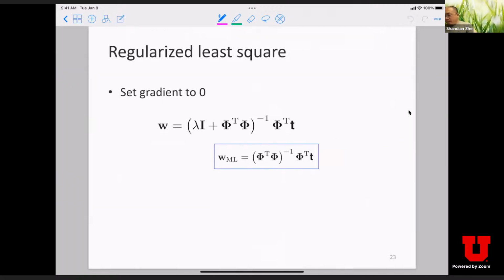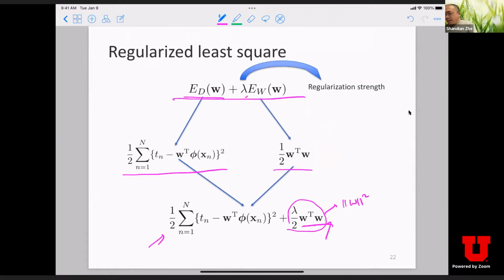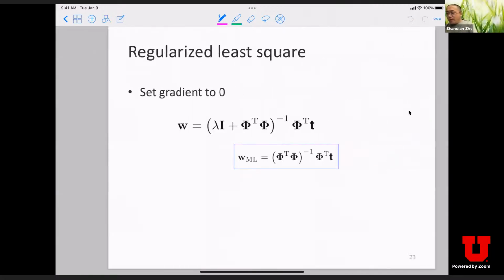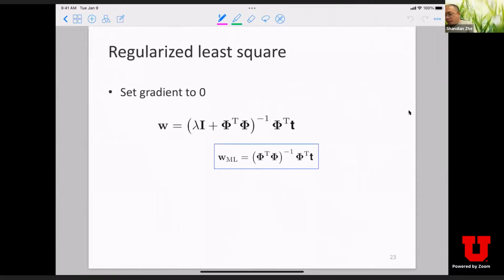Now, if we use this regularized least squares formulation and want to minimize this loss, we set the gradient to zero. This is how we get the optimal W. This is not maximum likelihood estimation at all, because it adds a regularization term to the loss.